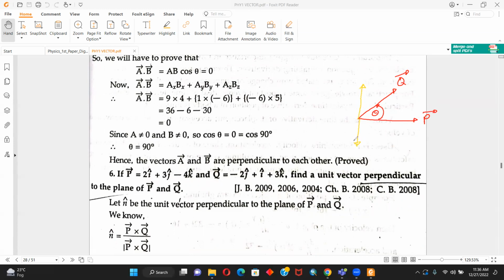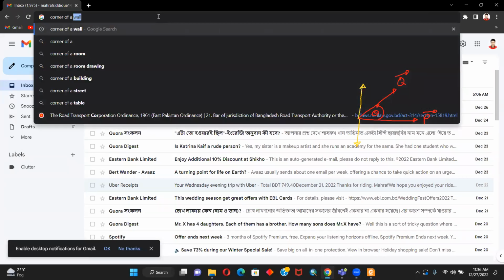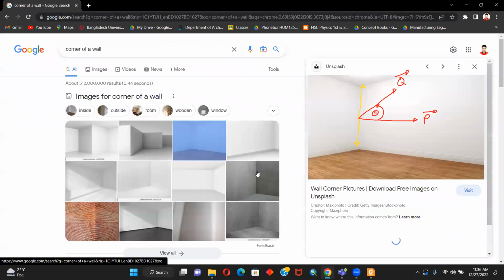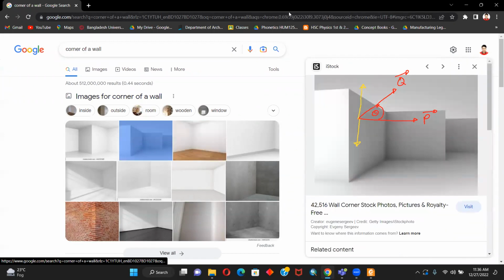Either of these two. So what can we see? Forget about this image.